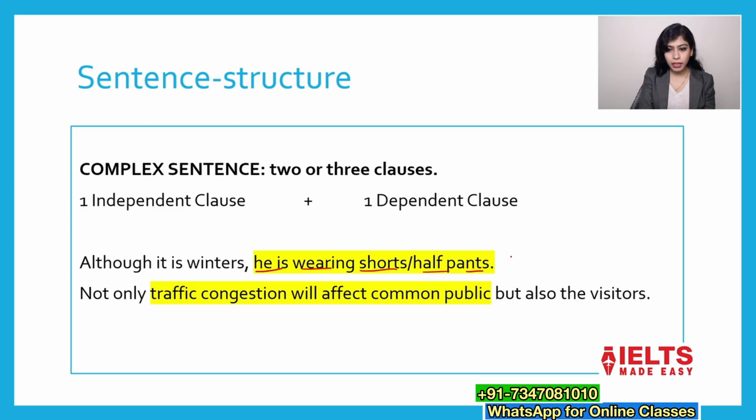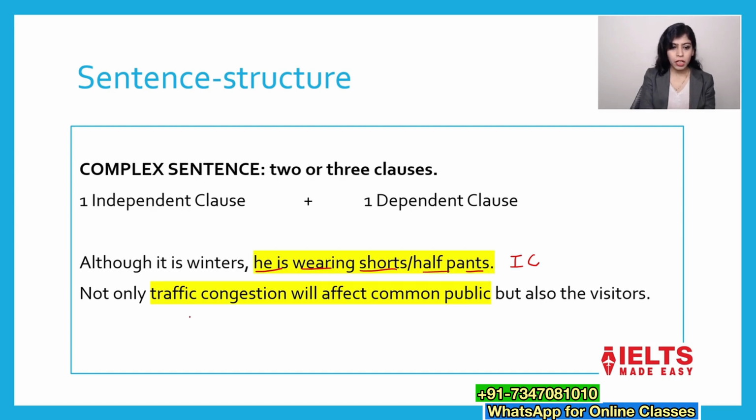Because this is an independent clause, and an independent clause is the one which has its own meaning. If you see, although it is winters, you will not get to know the meaning. You will still feel something is missing. But if you go through this part, he is wearing shorts or half pants, that is clearly an independent clause which has its own meaning, which can be written independently.